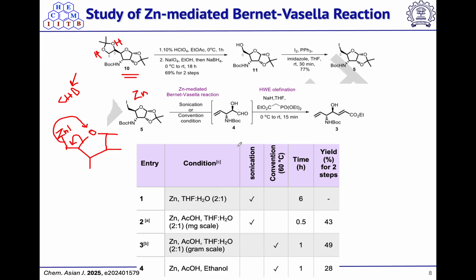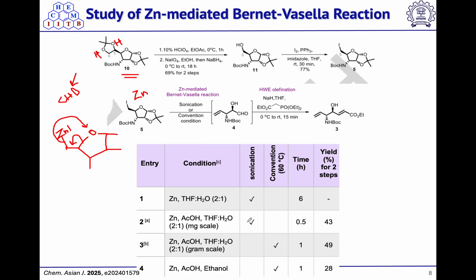For this reaction, they have optimized the conditions. In the first condition, zinc in a THF-water mixture, 2:1, in the sonicator, they performed the reaction, but in 6 hours they did not get any product. But when they used acetic acid, in 0.5 hour they got 43% of product.